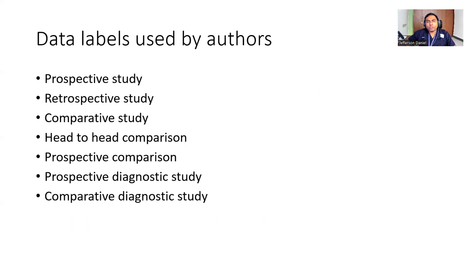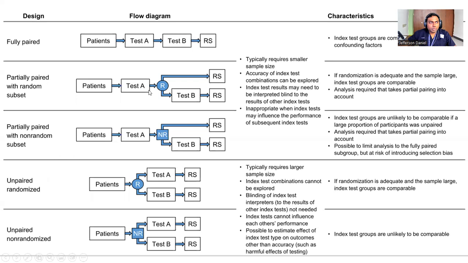Comparative diagnostic study of CTPA and VQ scan in diagnosing pulmonary embolism. So these are the various labels used by authors, and because they have said only prospective, you cannot leave it out in your study screening method. So you have to be very careful.